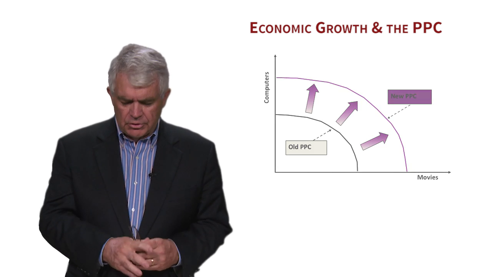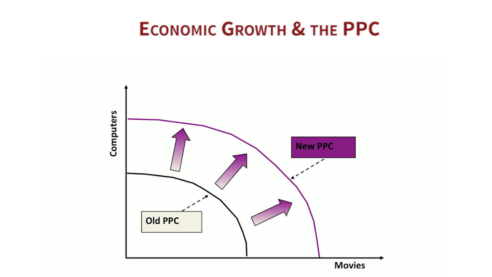If you, on the other hand, choose a point where you're doing a lot more of computers and relatively few movies, then you move out a lot more. Over here, you don't move out very much. And that really emphasizes the importance of investment versus consumption in the economy. So there's a lot you can do with this curve.